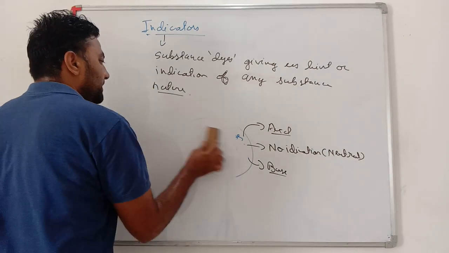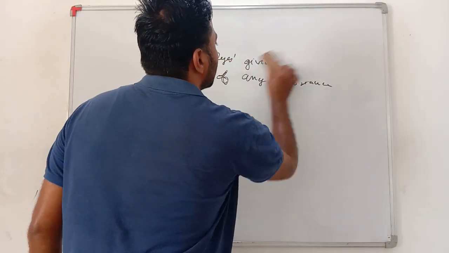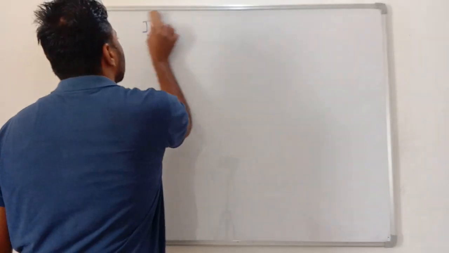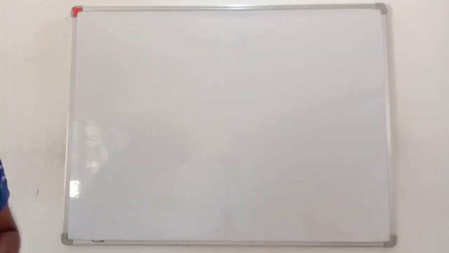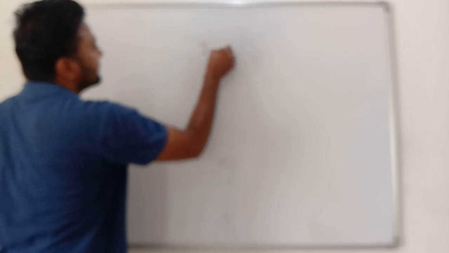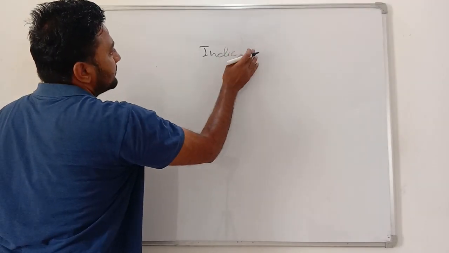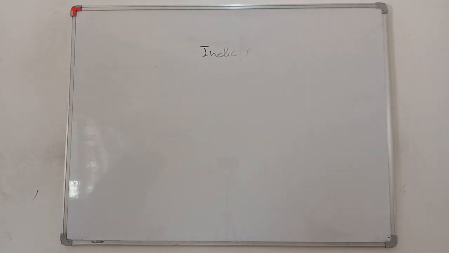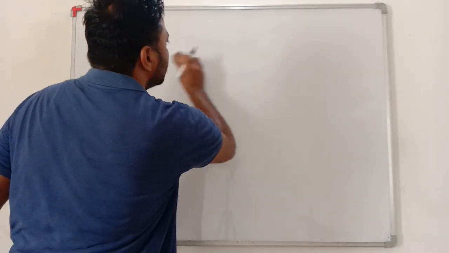Indicators, my dear students, are basically of two categories. Indicators are basically of three types.